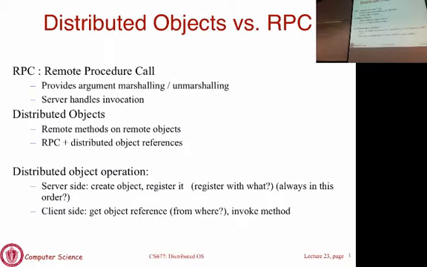So we have already looked at the notion of how the remote objects are different from RPCs. The same is true of distributed objects. So you have remote methods or remote objects. And then here are some important issues that come up when you have large scale distributed objects. So you have to create an object and you have to register it. The question is, who do you register it with? It has to be a naming service that is well known to the client.